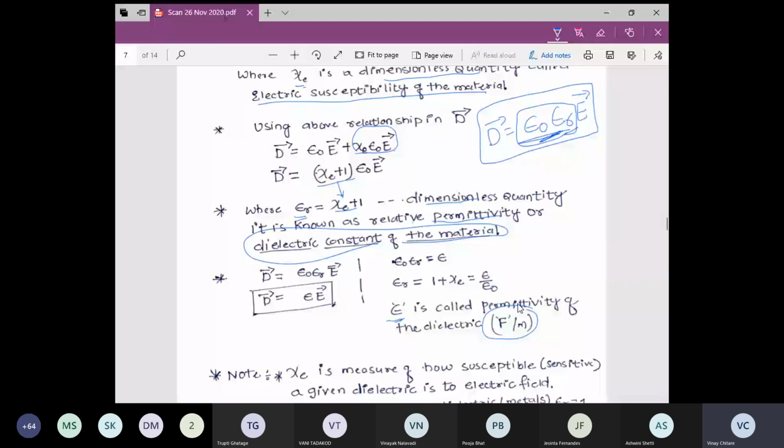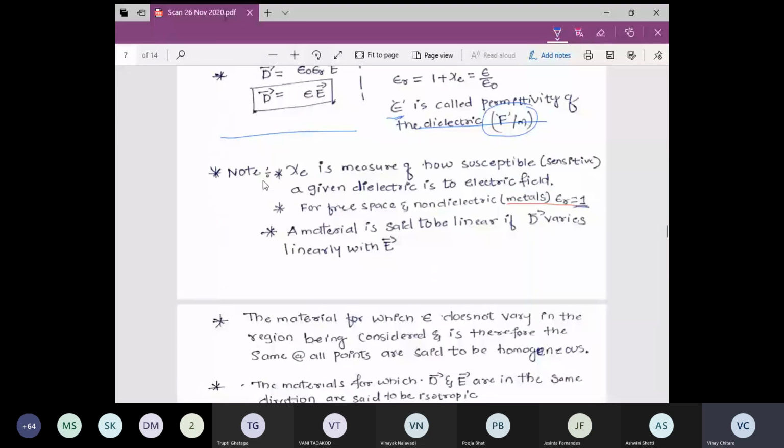There are some nice notes. First, chi is a measure of how susceptible, that is how sensitive, a given dielectric is to an electric field. And for free space and non-dielectric materials such as metals, the relative permittivity is 1.